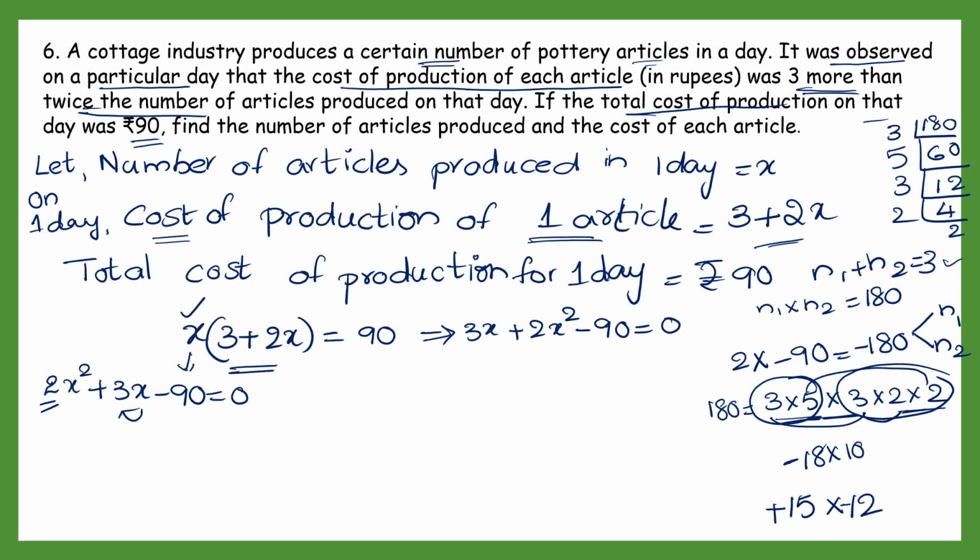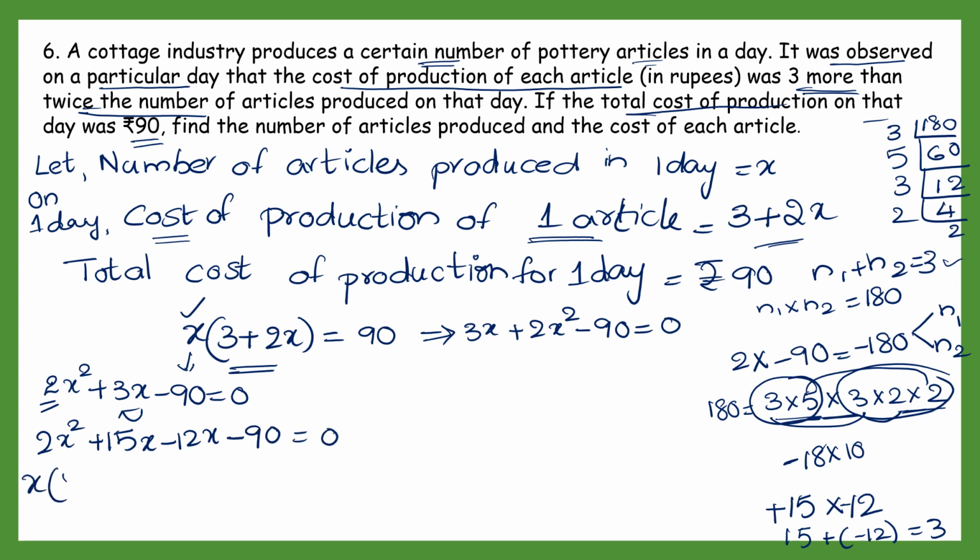Product is satisfied, minus 180. Do the sum, 15 plus minus 12, you get plus 3. So you can split 3x as 2x square plus 15x minus 12x minus 90 is equal to 0.